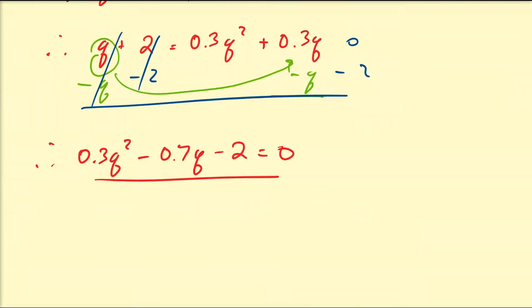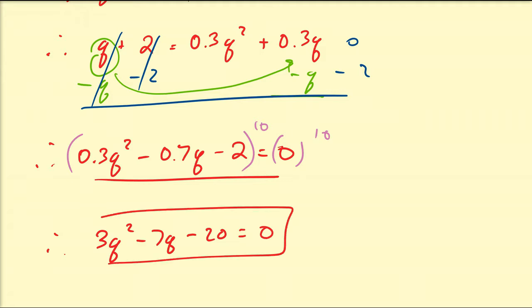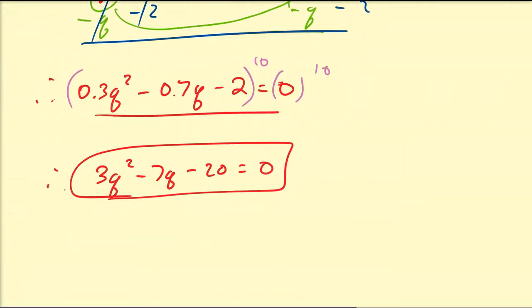I typically don't like working with decimals, so I'm going to multiply both sides of this equation by 10. And that's going to give me the quadratic equation, 3Q squared minus 7Q minus 20 is equal to 0. Now you can easily factor this expression using whatever methods you're familiar with.